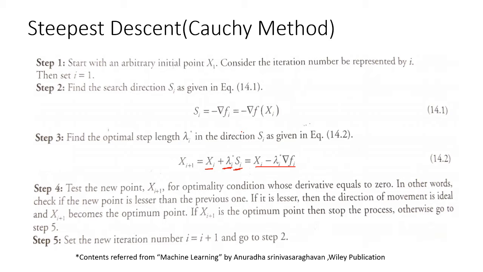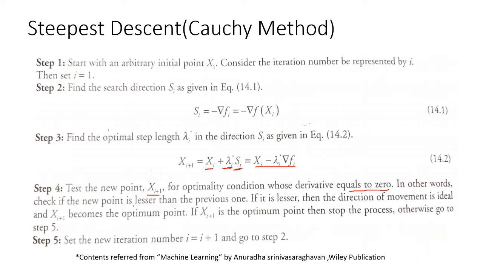Now, once you have found this value X of I plus 1, test the new point X of I plus 1 for optimality, whose derivative should be equal to 0. We check whether the result we derived is equal to 0. In other words, check if the new point is lesser than the previous one.